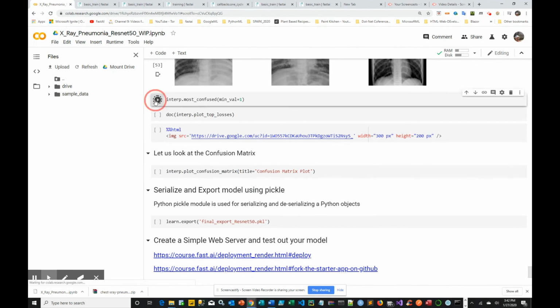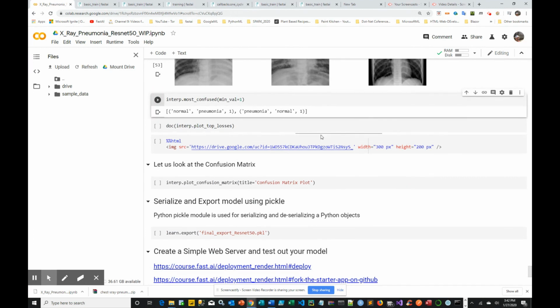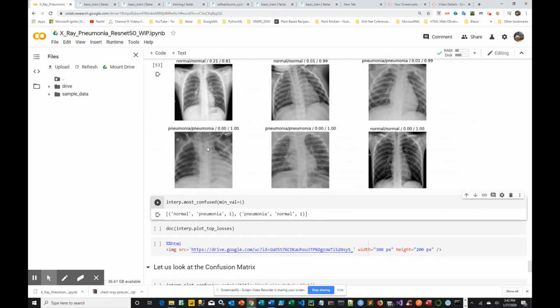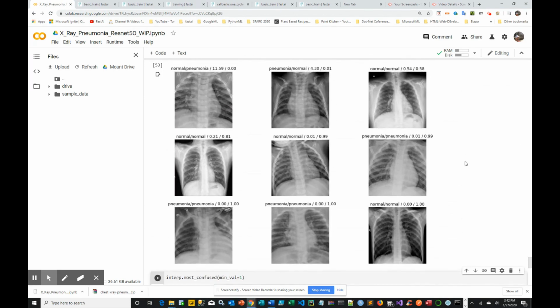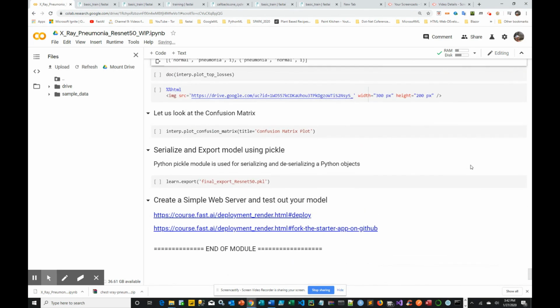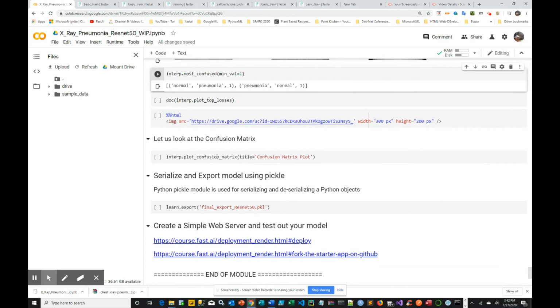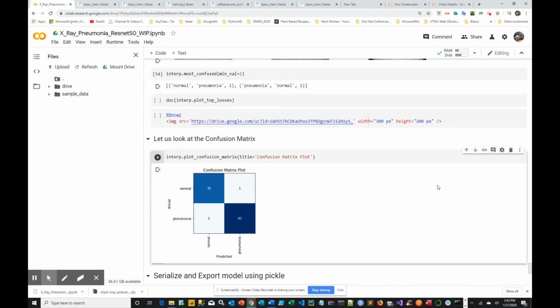So you can also run most_confused. That tells you the labels of these images that you saw up here. And you can also create a confusion matrix that will give you a nice little display. For example, from the validation set, the actual is on this axis and the predicted is on this axis. And you want to look at the diagonal. That's the one you want to look at.